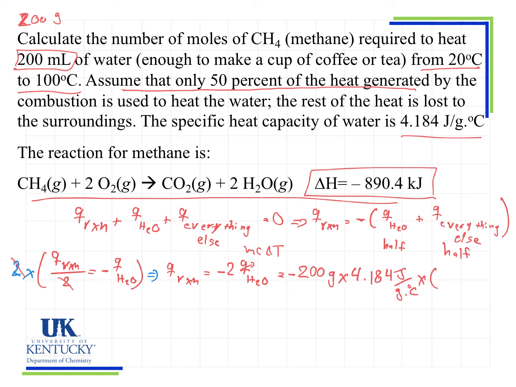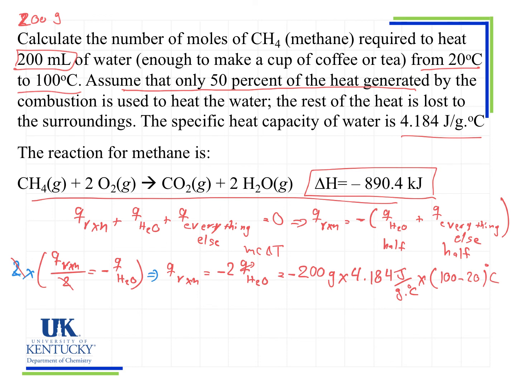What is the delta T? It's going from 20 to 100. So 100 final minus initial 20, and that's degrees Celsius, okay?